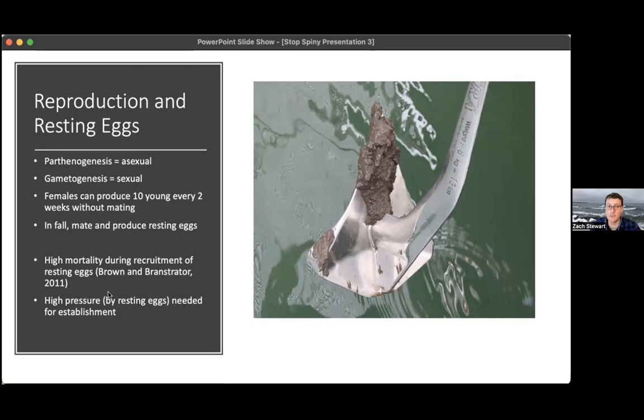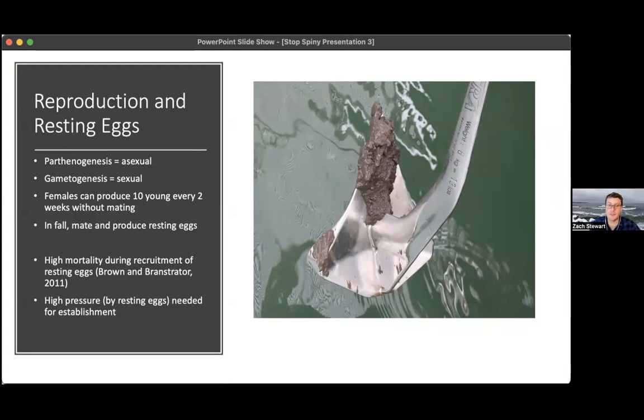There does tend to be relatively high mortality during the process of hatching those eggs and growing to an adult spiny water flea. So not every egg is going to result in a fully formed adult, but there can be a lot of eggs produced. So it's still quite a risk.